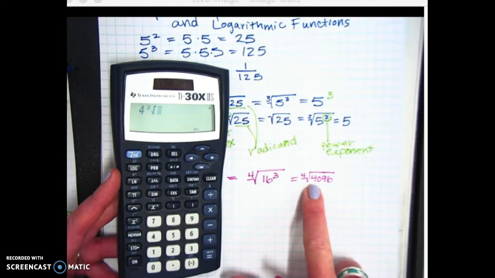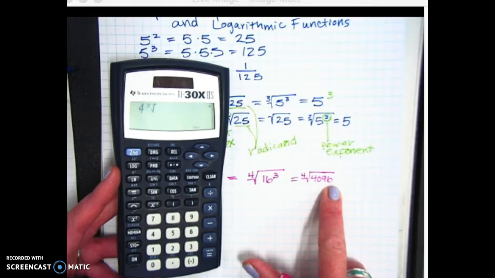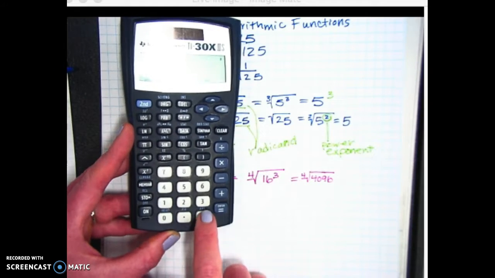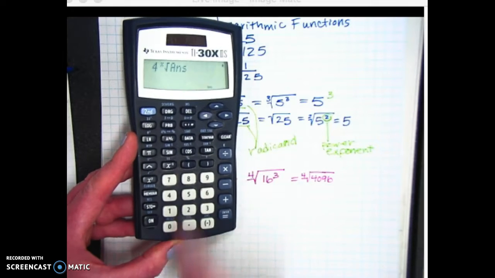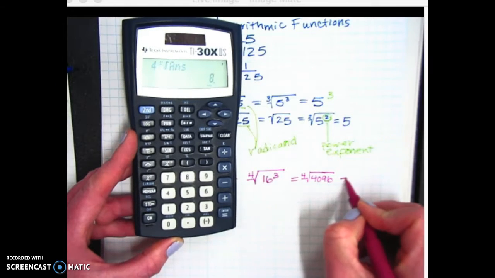And then you can retype this number 4,096, or there's a shortcut where you go second, and then there's this little ANS. That stands for answer. So it's going to take the previous answer, unless you want to just retype it in, hit the equal sign, and it spits out 8 for you.